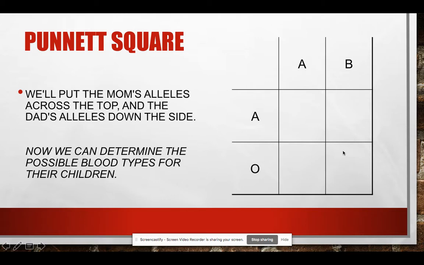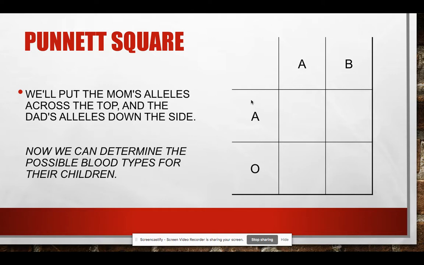Okay? So now you can actually use this thing called a Punnett square. You should be familiar with these from grade 9 science, but if you need a little refresher, we're going to do one right now. So these are the alleles from the mother, and these are the alleles from the father. And now we can actually determine the possible blood types of these two people's children.